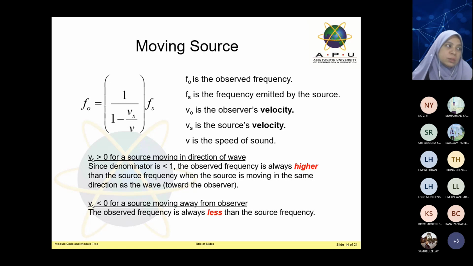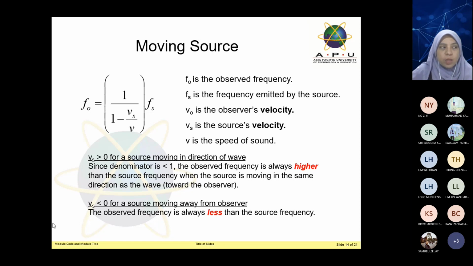Another one is Vs less than 0 for a source moving away from the observer. For example, you, the observer, are waiting at the bus stop, and then there is a moving ambulance.